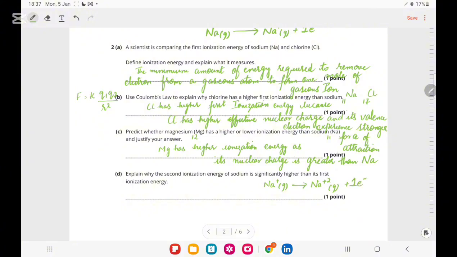If you see the structure of sodium, it has 2 electrons in its first shell, 8 electrons in its second shell and 1 electron in its outermost shell. So when you try to remove the second electron, you are removing it from the inner shell, which has more force of attraction towards the nucleus, and that is why we see a larger jump in the ionization energy.